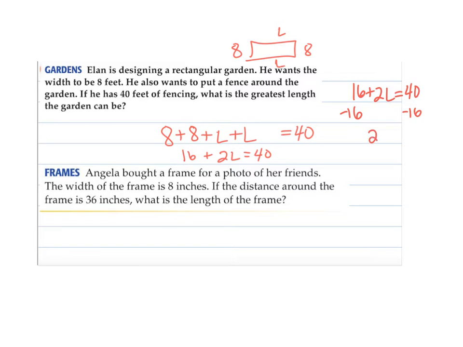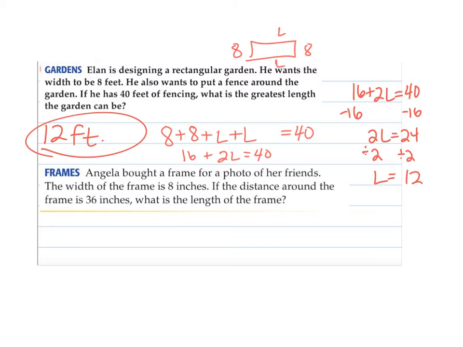So we would have 2 lengths equals 24. Divide both sides by 2. So the length could be 12, in this case, feet. So if he had 40 feet of fencing and he needed the width to be 8, his lengths could each be 12 feet. Okay, so we're working backwards.